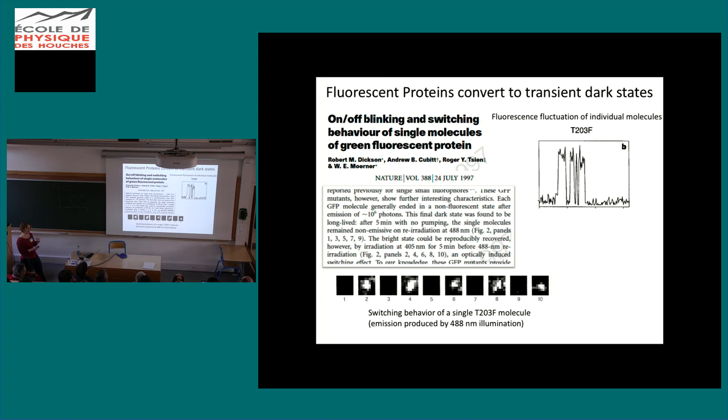When they tracked this single molecule over time, I really like the text here. It tells you each GFP molecule generally ended in a non-fluorescent state after about 10 to the 6 photons. But the final dark state was found to be long-lived, because after 5 minutes of no pumping, so they gave it a rest, and then they illuminated with 488, what they found is that this bright state could be recovered.